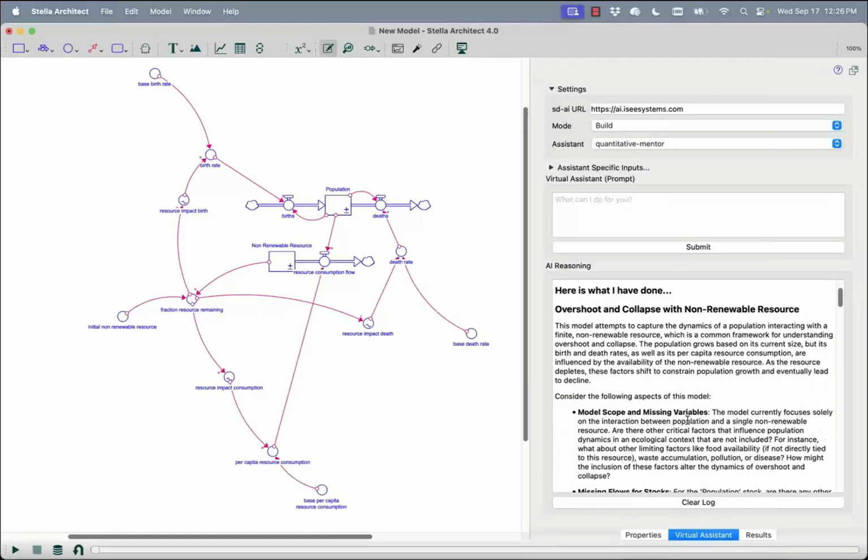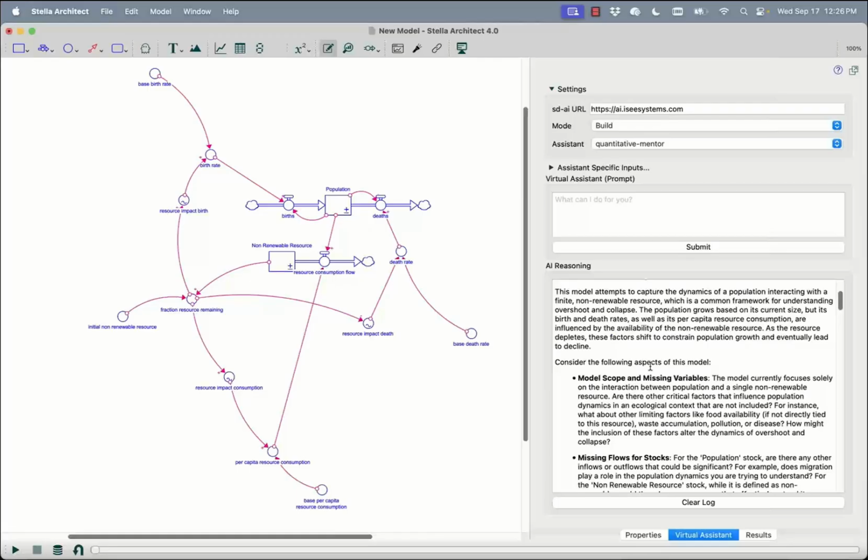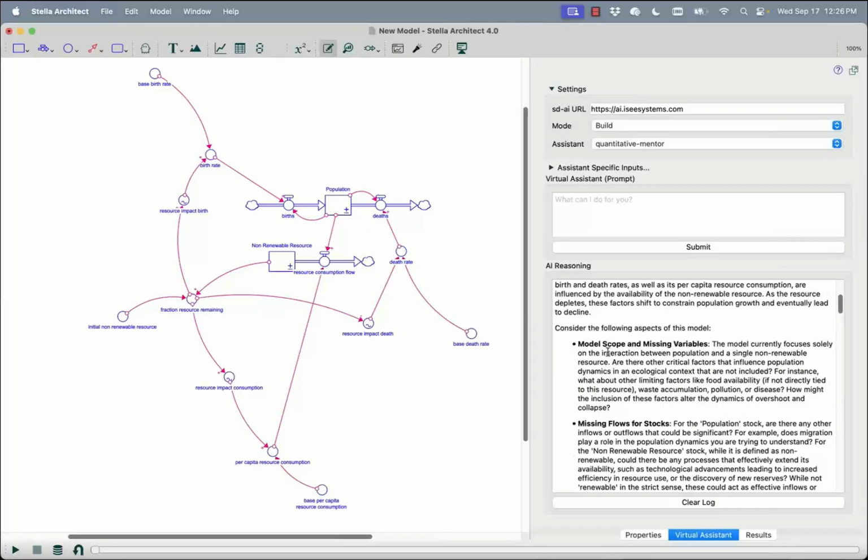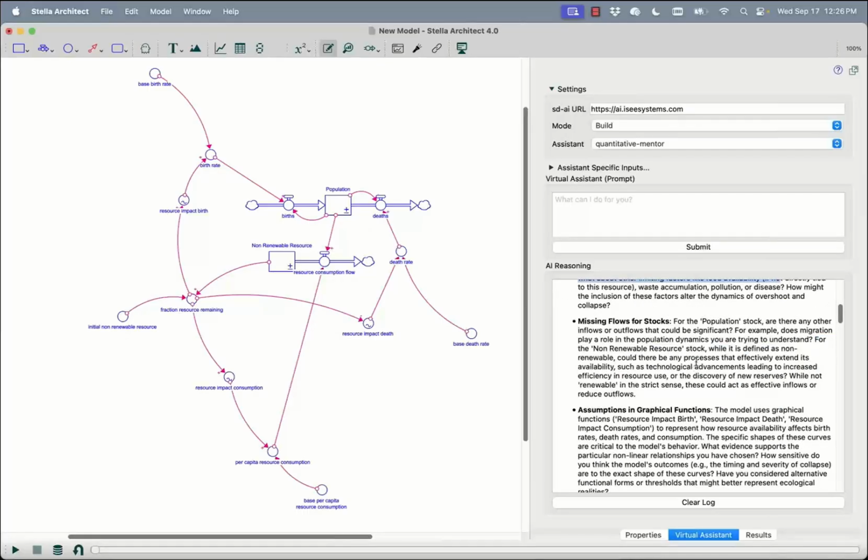And we can see the critique that the quantitative mentor has come up for us. So it asks us to think about missing scope and missing variables. The model only focuses on the interaction between population and a single non-renewable resource. Are there other critical factors that influence the population dynamics and an ecological concept that are not included? For instance, what about food availability, waste accumulation, pollution, disease? How might these things change?